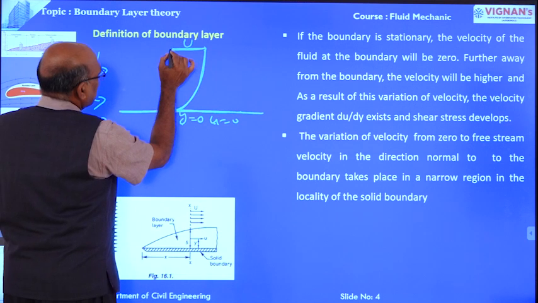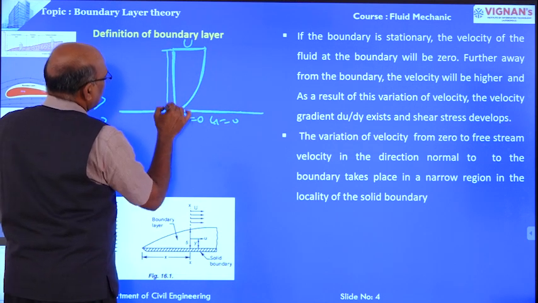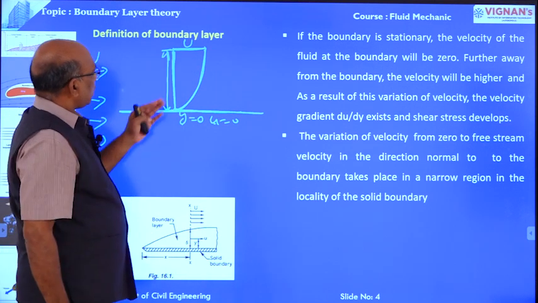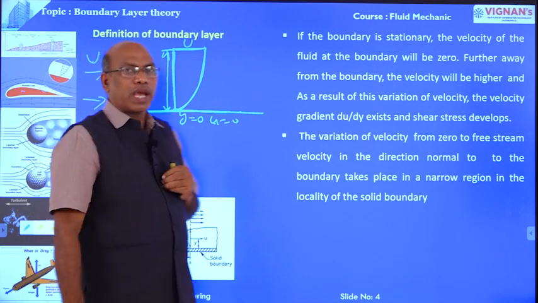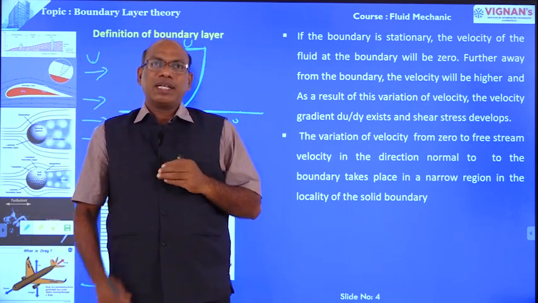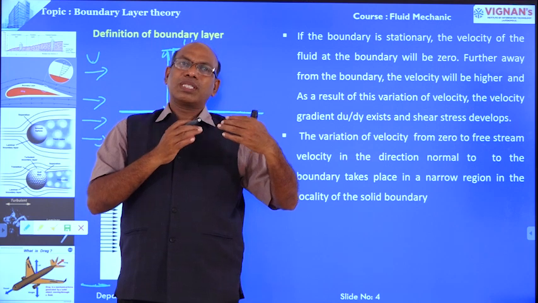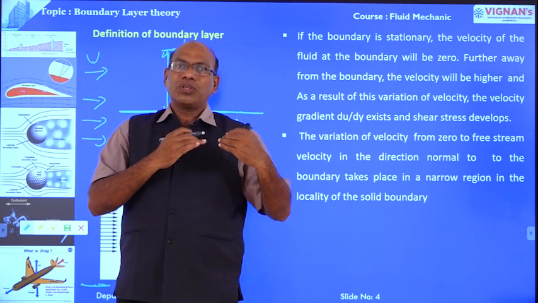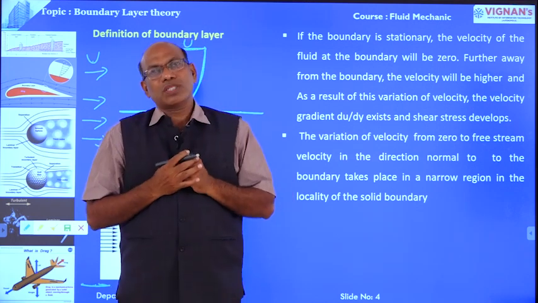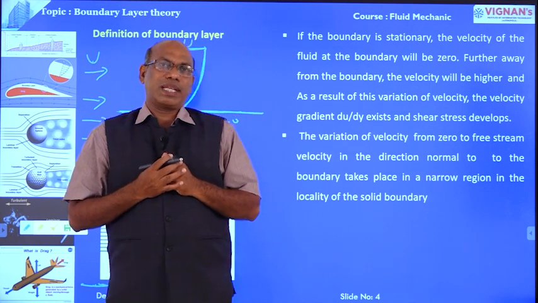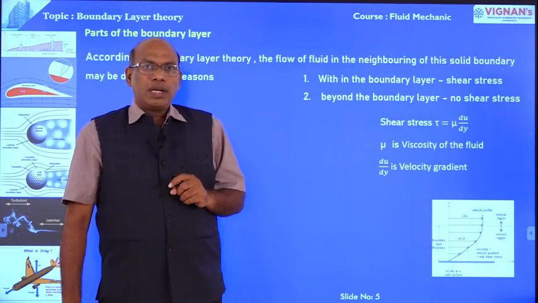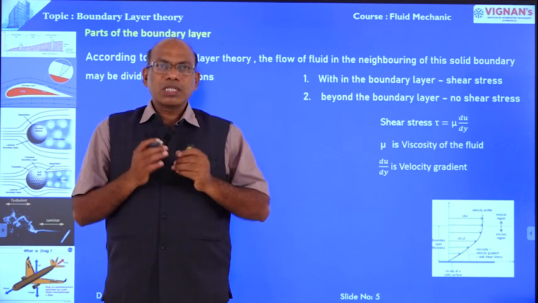This narrow region is known as a boundary layer. The theory related to this boundary layer is known as boundary layer theory. Right? Next point, parts of boundary layer.